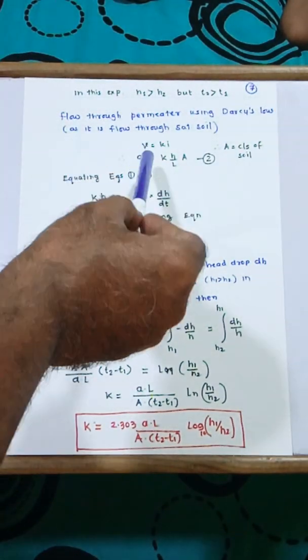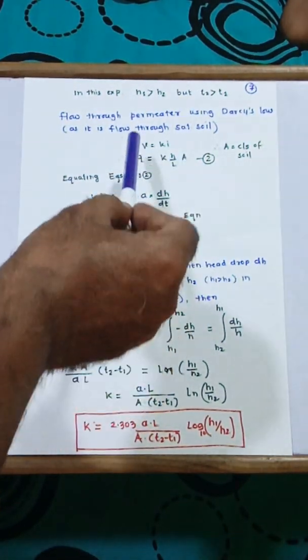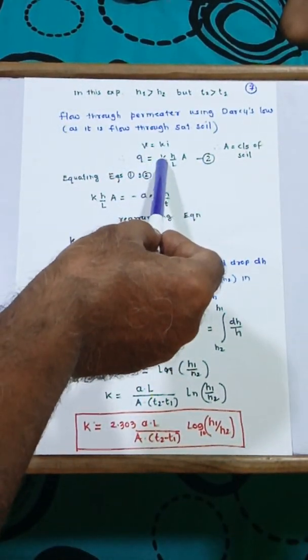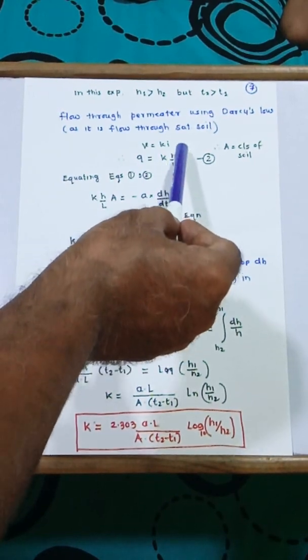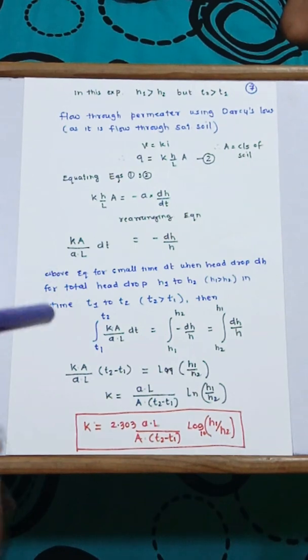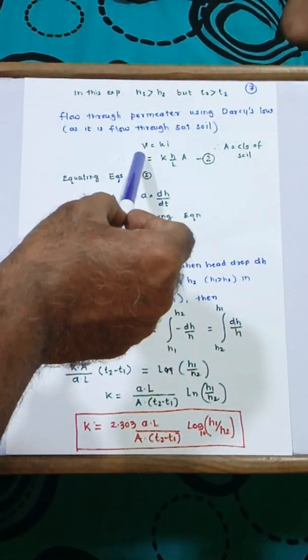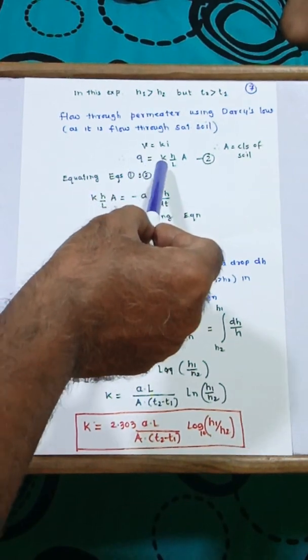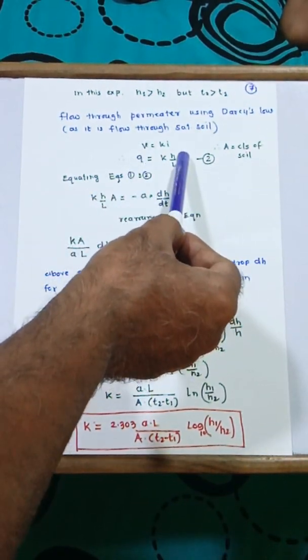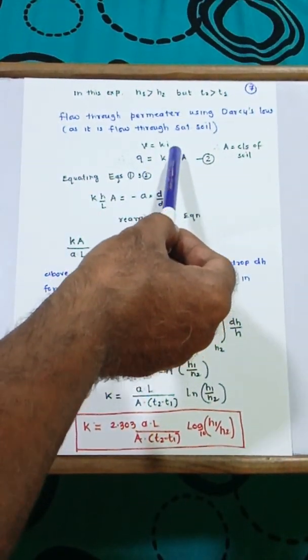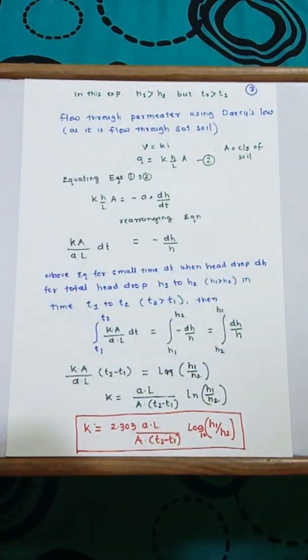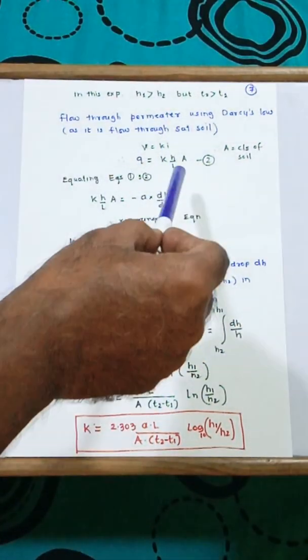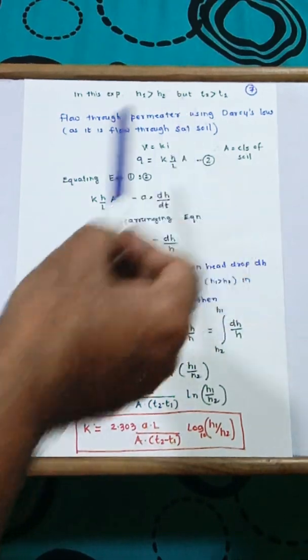V is equal to k i, and after multiplying by area, Q is equal to k times h upon L into A. We are again considering that particular moment of dh and dt. So at that time, when the drop was dh, the total head from the bottom is h through a length of sample L in a cross section area of A.